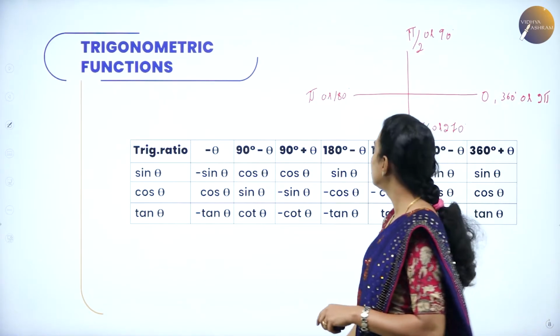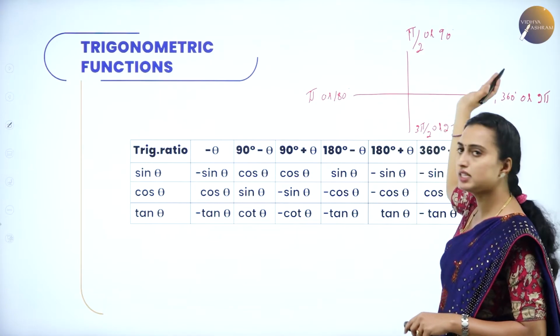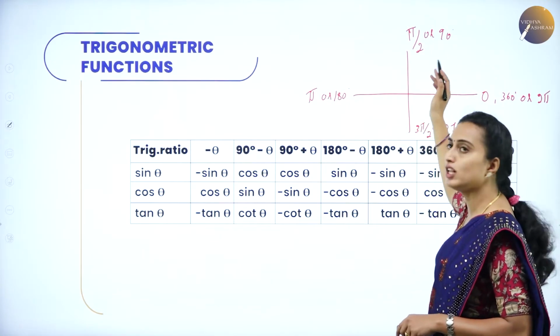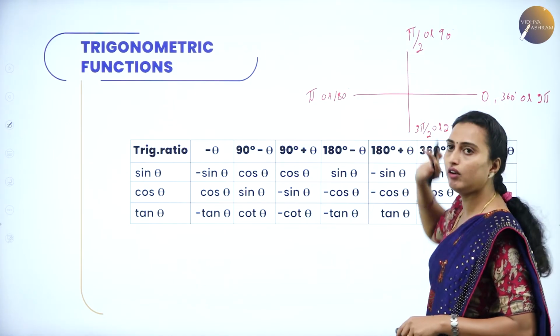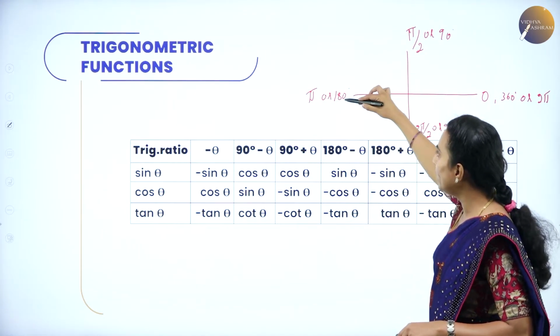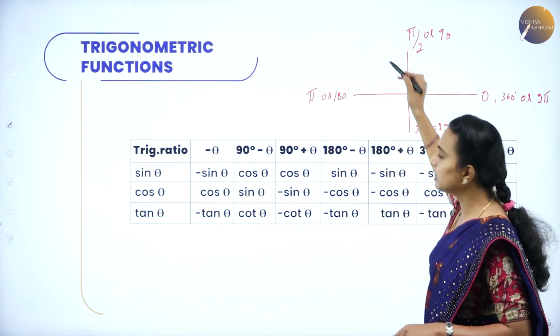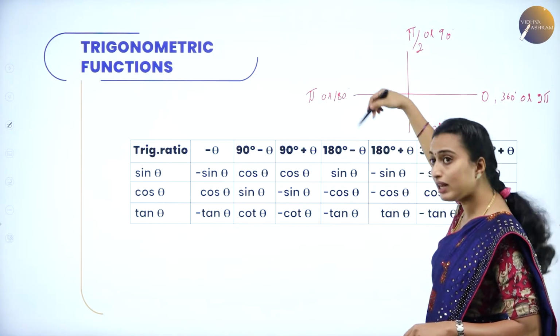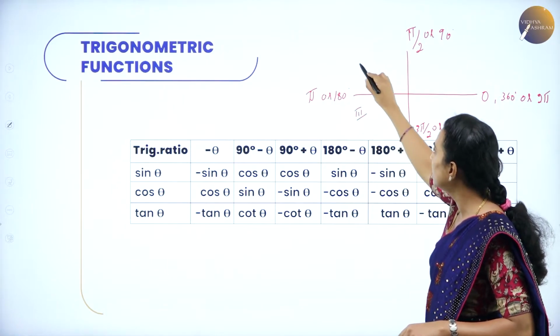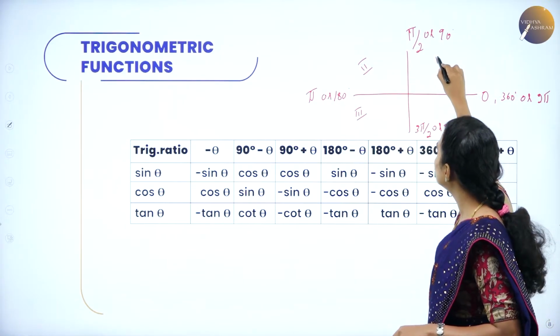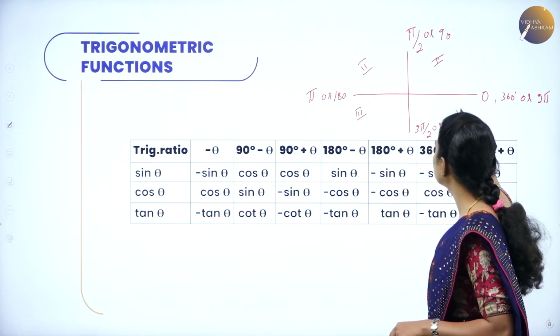Correct? This is the first quadrant, second, third and fourth. 90 minus theta always falls in the first quadrant. 90 plus theta always falls in the second quadrant. 180 minus theta falls in the second quadrant.